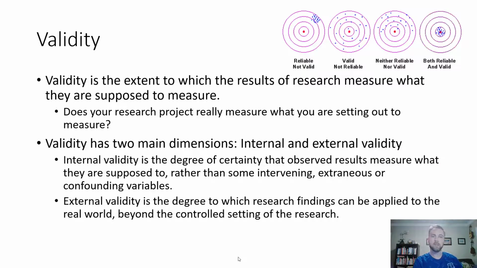Validity is the extent to which the results of research measure what they're supposed to measure. A question you can ask is, does your research project really measure what you were setting out to measure? Are the findings of this research in line with what I had originally set out to find? Going back to the coffee shop example, maybe you went out to research the demographics of a neighborhood to see if it's appropriate for a coffee shop.